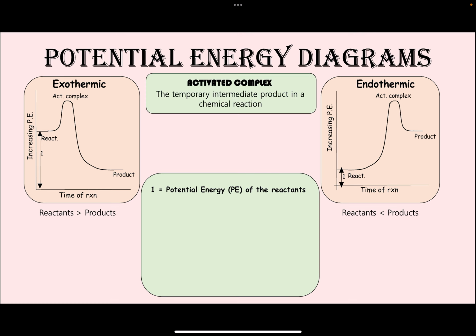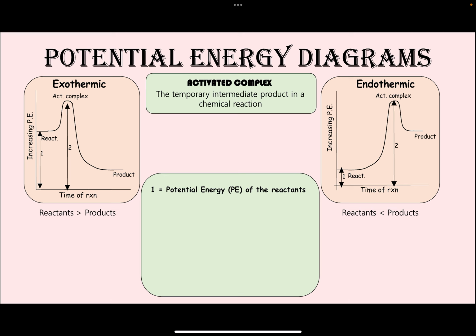So the activated complex is kind of like an intermediate situation, but this is the point that the reactants must reach to convert into the products. So if the reactants are not making an activated complex successfully, the reaction does not occur. So even though it's intermediate and even though it's temporary, it is still the most important part of a reaction.